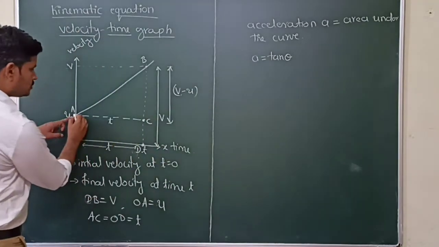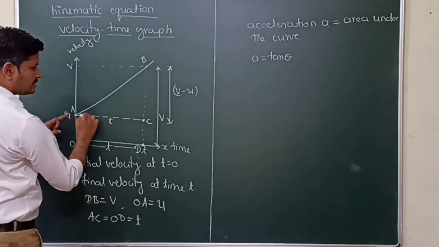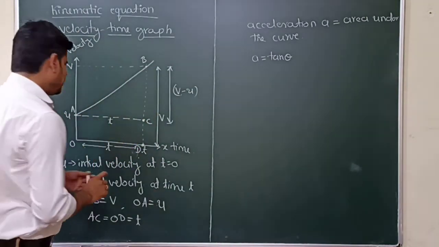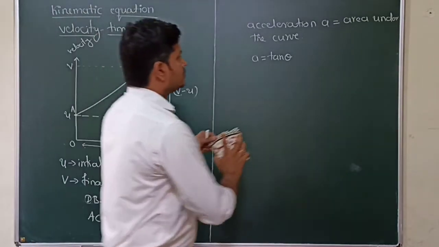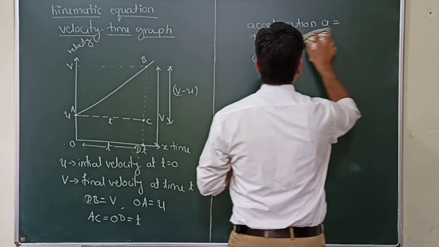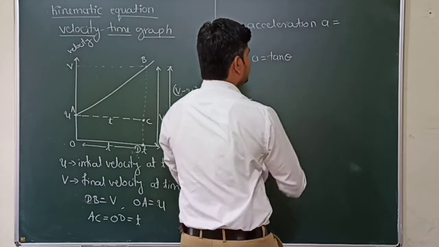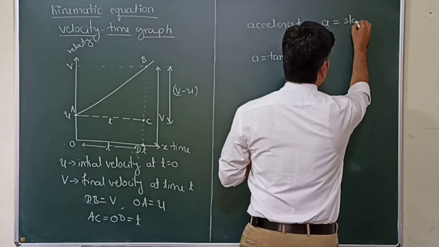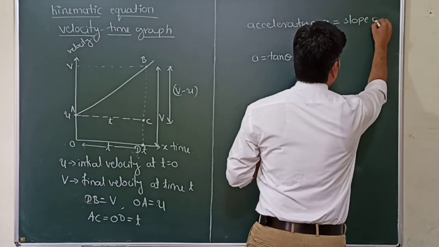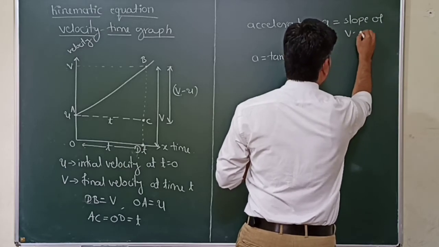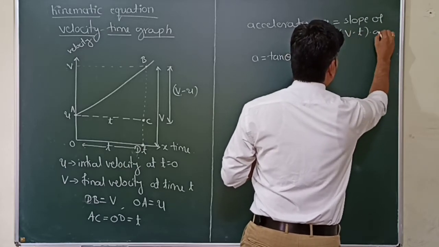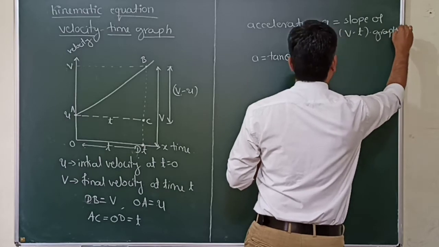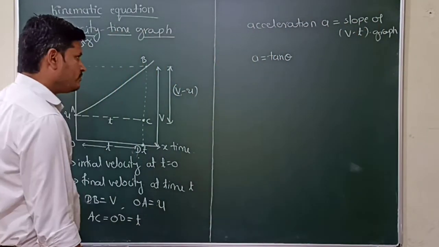If you take the slope of this graph, not the area, it is just the slope of the VT graph.